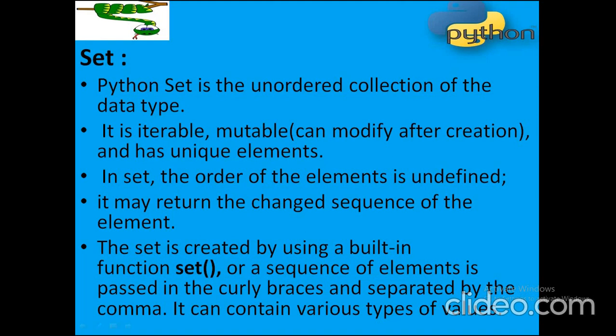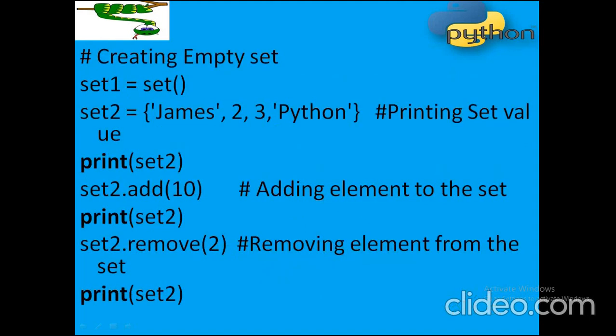The first occurrence we will take. In a set, the order of elements is undefined. It may return a changed sequence of the elements. The set is created by using the built-in function set, or a sequence of elements is passed in curly braces and separated by commas. It can contain various types of values.